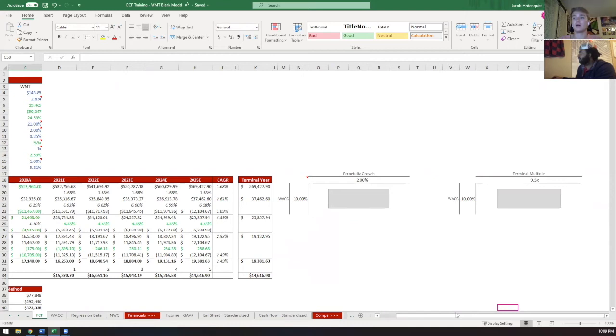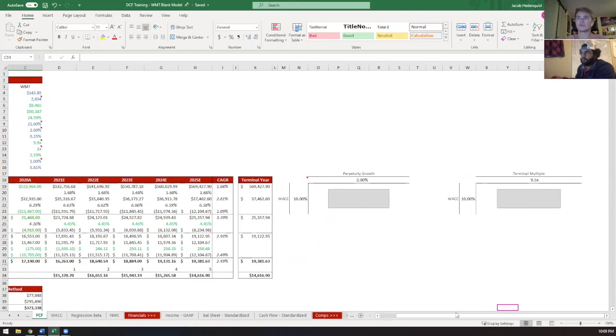We're just human. There's always error in everything we do. No one can be certain what the price of Walmart is, but we can give an estimated guess as to the range of values we think Walmart is worth. So we want to show a range of values and say, here's the upside and here's the downside.